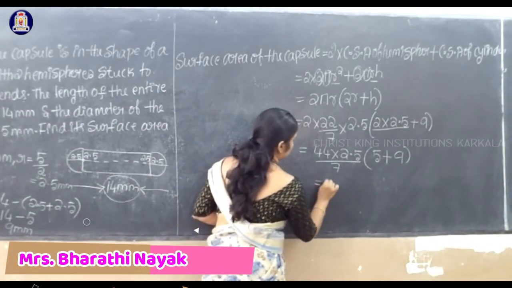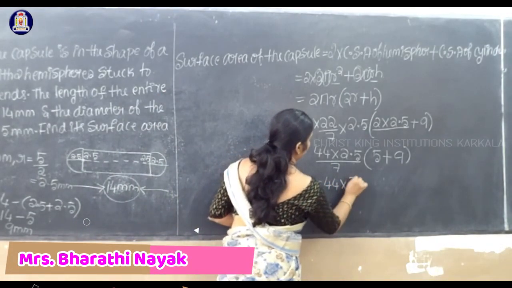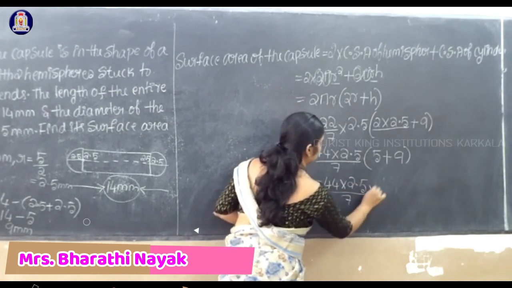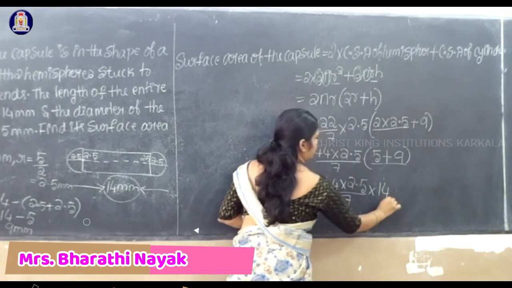So this is equal to 44 into 2.5 by 7 into 14.